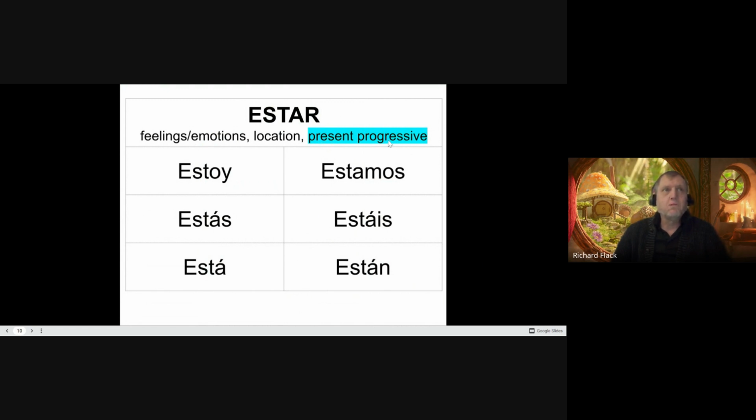So to be able to do the present progressive tense, we need to remember our conjugations of the verb estar, which is estoy, estás, está, estamos, estáis, están. You might want to write that on the very back page of your packet now, if you don't already have those memorized. So take a moment, pause the video, and write that down.